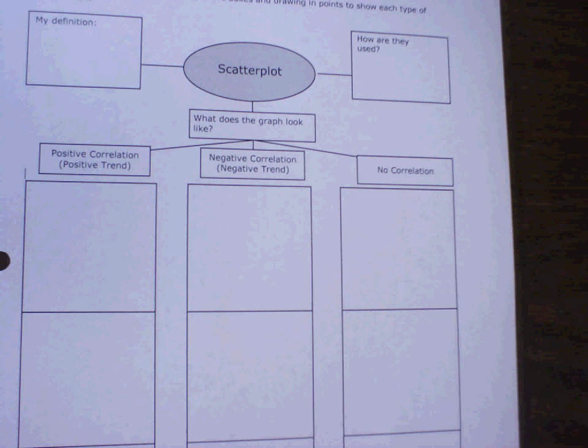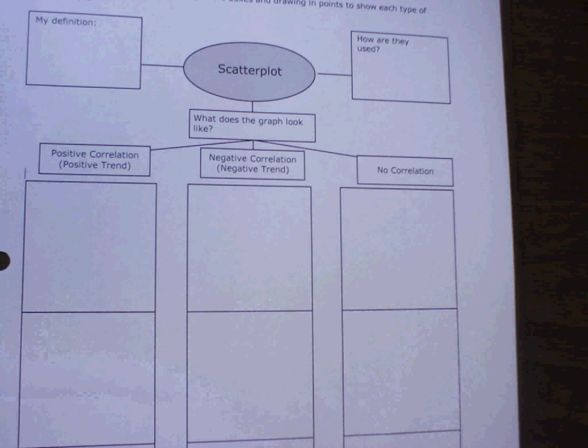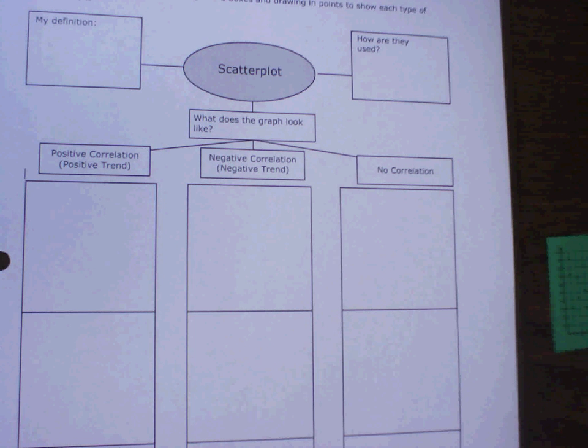Boom, boom. Somebody finish. Let's go, let's go, let's go. Shh. Cutting, cutting, cutting. I'm about to start.